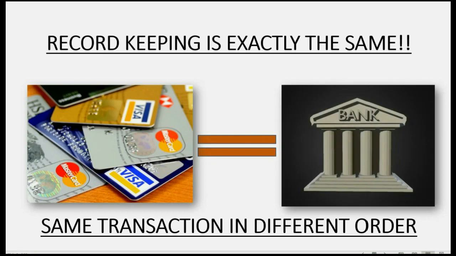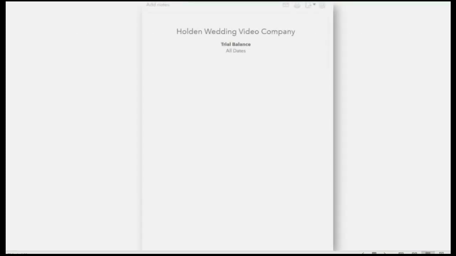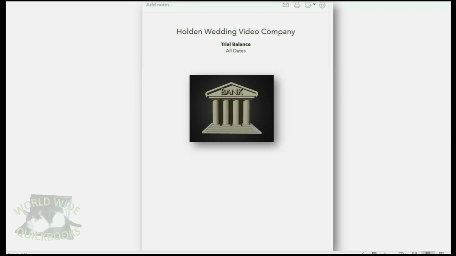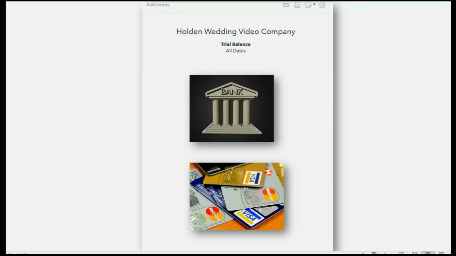And that's the reason why keeping records of a credit card is the same as keeping records of a bank account. In both cases, they both will show up as balances on the trial balance. So just like you have an account in the chart of accounts to show the balance of the bank account on the trial balance, you have another account in the chart of accounts to show the balance of your company credit card.